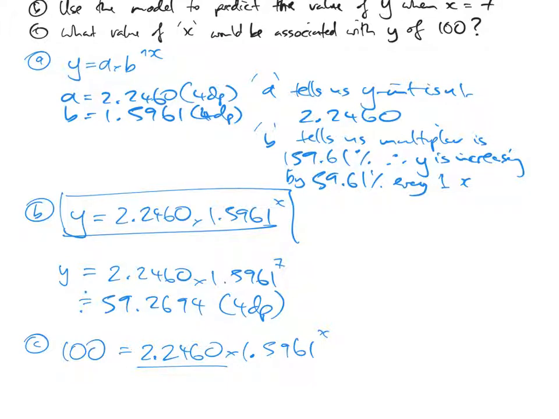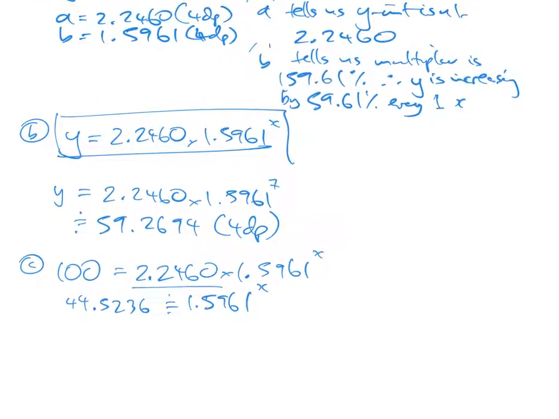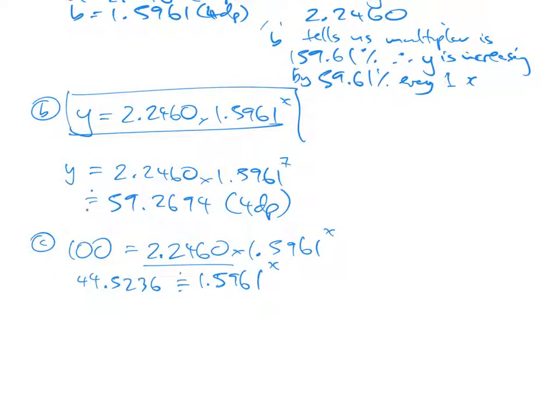So we need to divide both sides by 2.2460. 44.5236 to 4 decimal places is equal to 1.5961 to the power of x. And that leaves us at a point where we can't really use algebra, with the level of math that we're doing, to find what x is here.